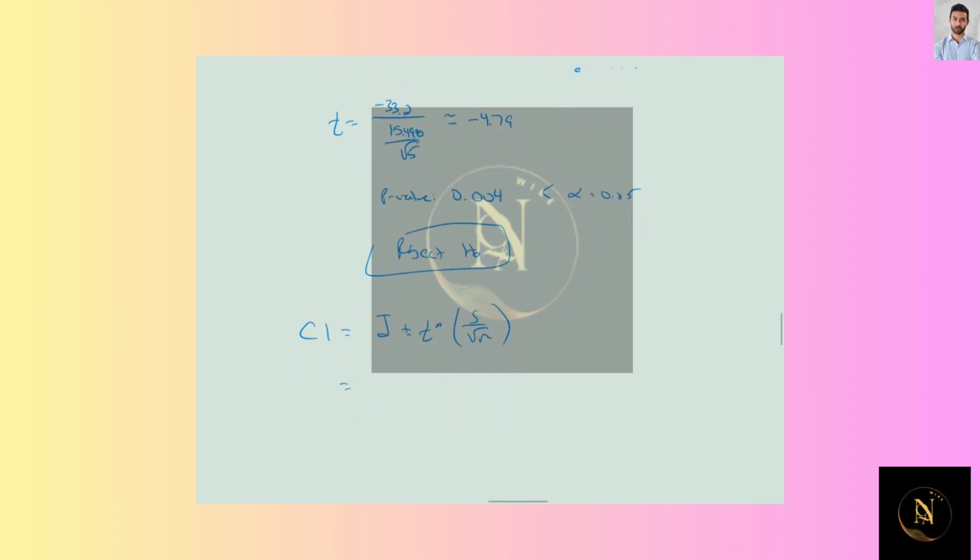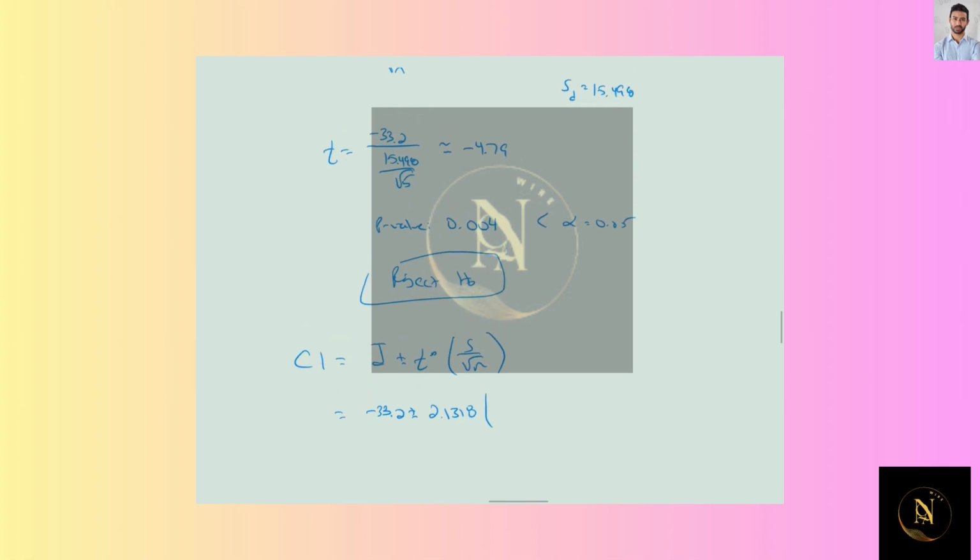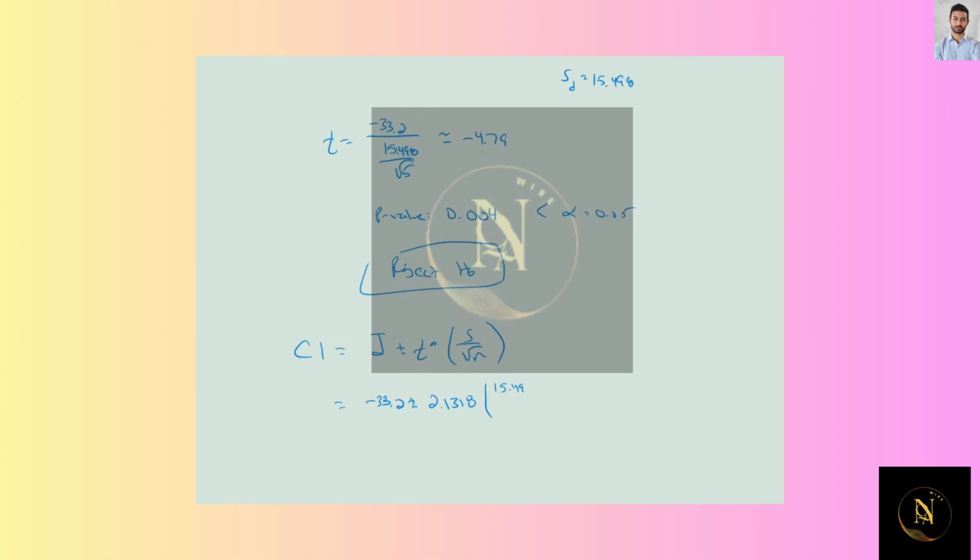So that would be negative 33.2 plus and minus our critical t, let me look that up quickly. It is negative 2.1318. Standard deviation again is 15.498.